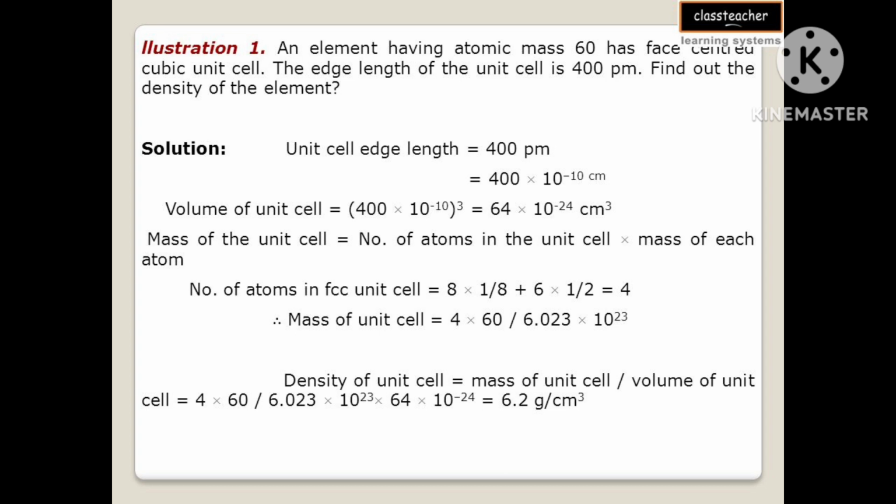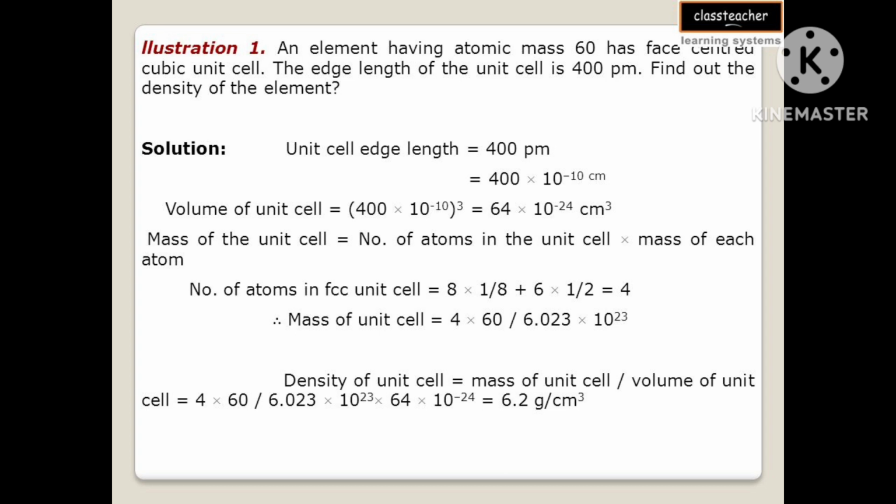These three things are given. What is being asked? How many atoms are present in 208 gram of the element? How many atoms, that you have to find out. Means Z, small z, that you have to find out.